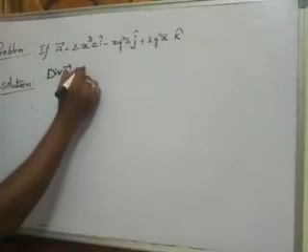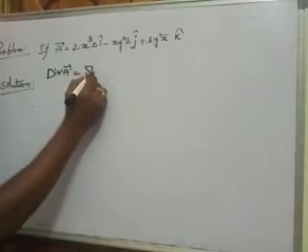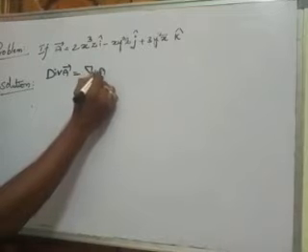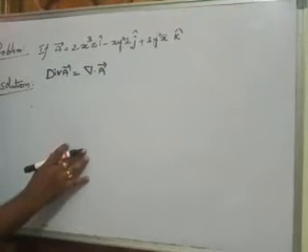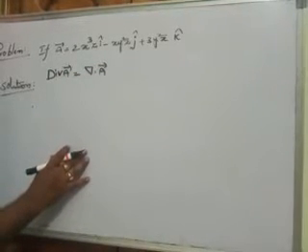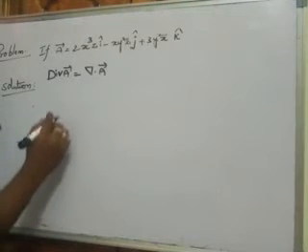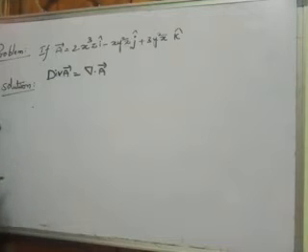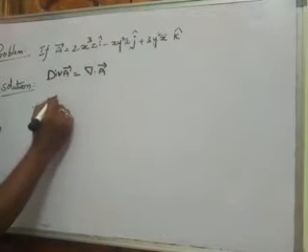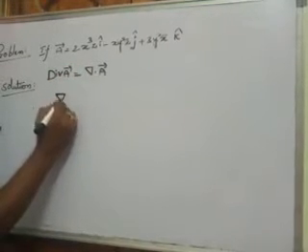This can also be written as del bar dot a bar, where a bar is given in the problem, and what is del here? Del is an operator.